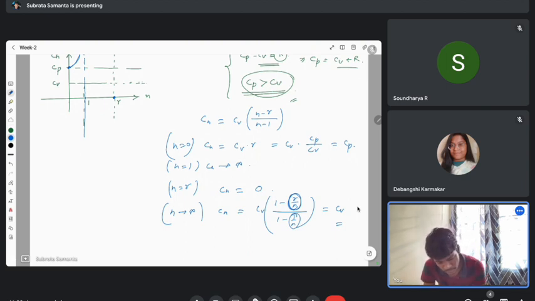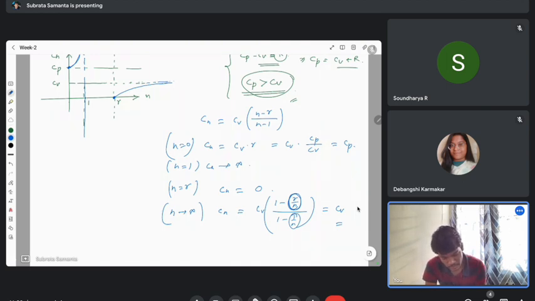So at n equals gamma, Cn is 0, and as n goes to infinity, Cn goes to Cv. So the curve hits Cv at n going to infinity.